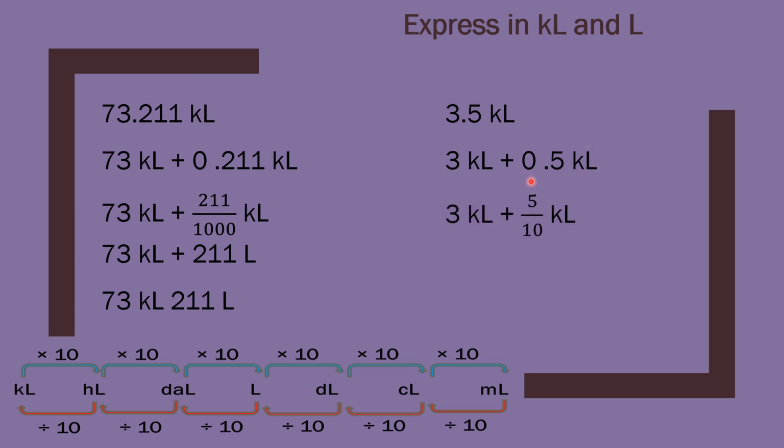At first we will write in a form of fraction. It is 5 by 10 kiloliter. Now 5 by 10 multiply by 1000, because 1 kiloliter equal to 1000 liter. 0 to 0 will be cancelled, and it is 500 liter. So what we will get? 3 kiloliter 500 liter, right?